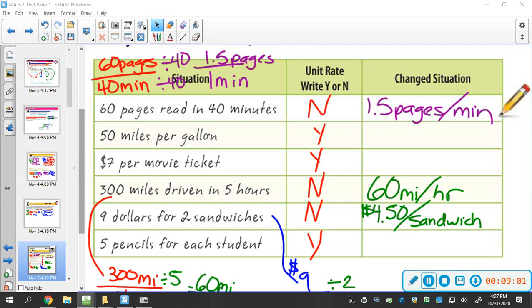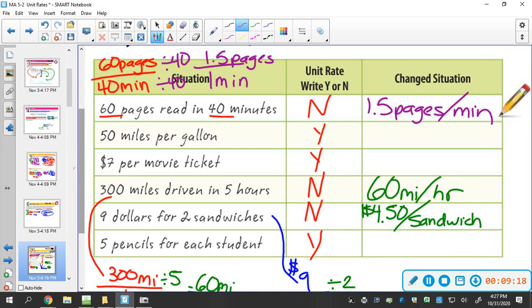All right, the first one, 60 pages read in 40 minutes. You can kind of think of it as if you can see 2 numbers, and one of those numbers is not 1, then it is not a unit rate.